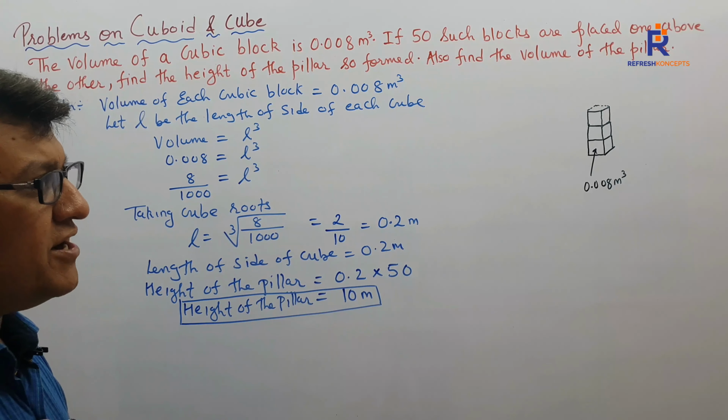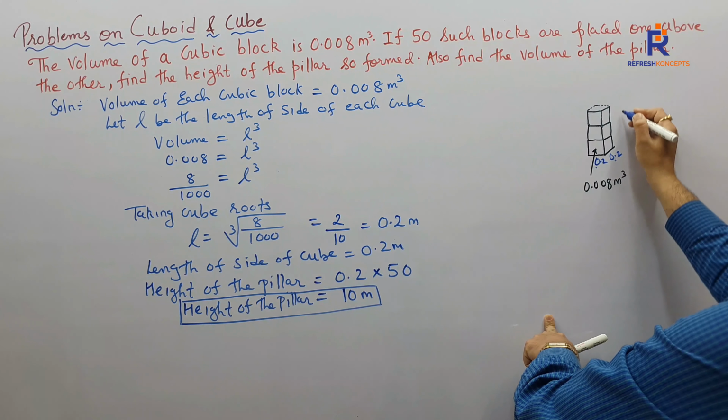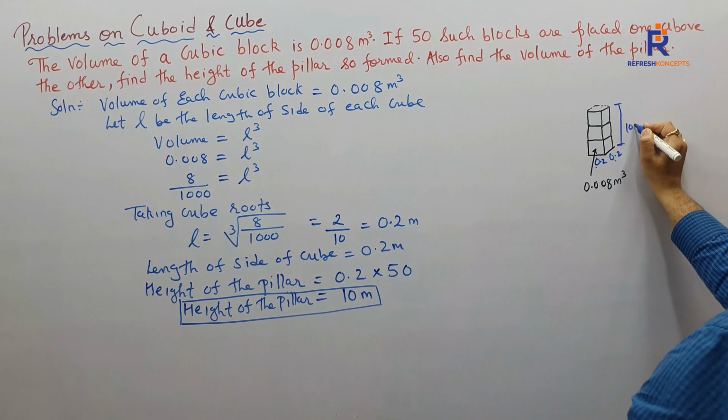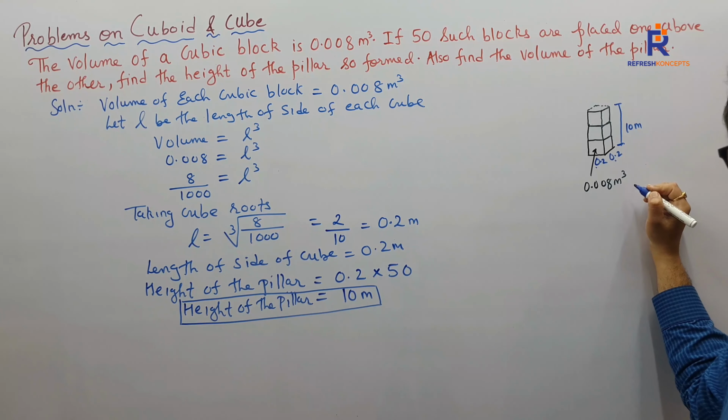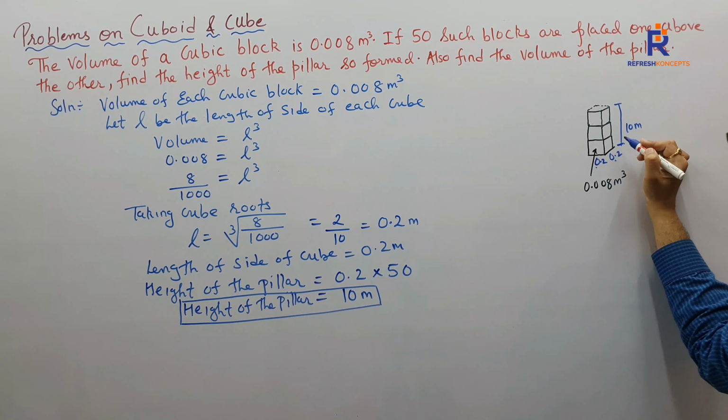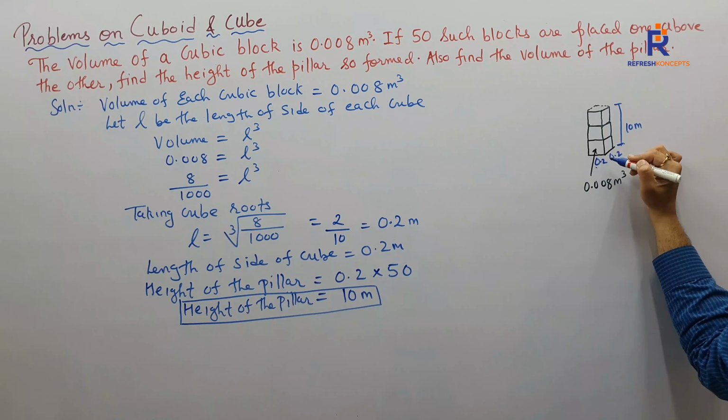One set of students is trying to work out that when 50 are placed, length is 0.2, breadth 0.2, and the height is going to be 10. So the structure is a cuboid, and volume is L into B into H, so 0.2 into 0.2 into 10. But why do it this way?